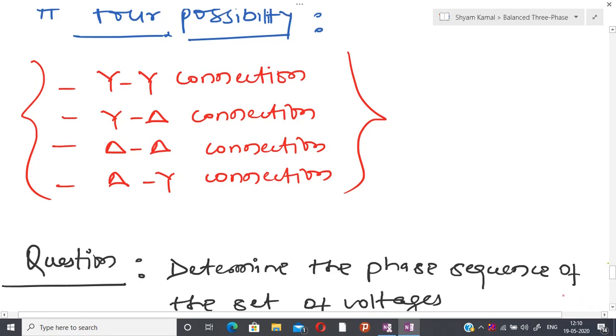Before closing today's lecture, I am going to discuss something about the best possibility among these, because I have four different choices. So one may think which choice is more proper.